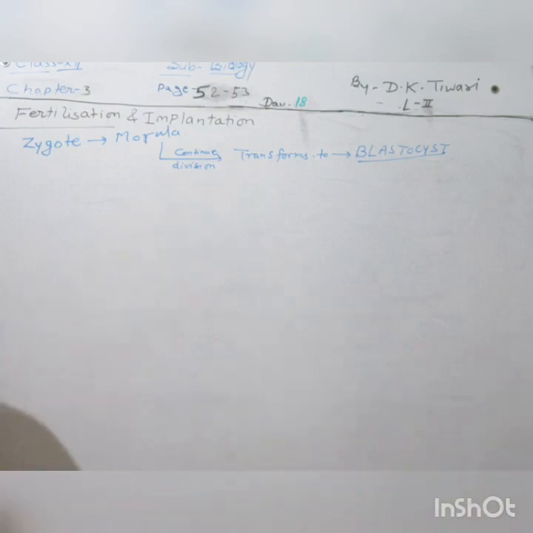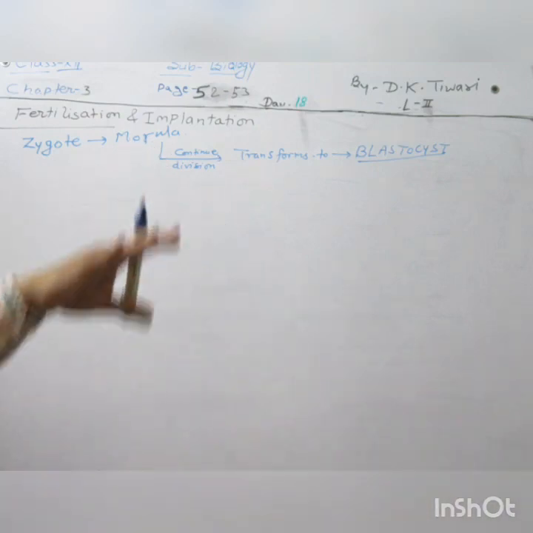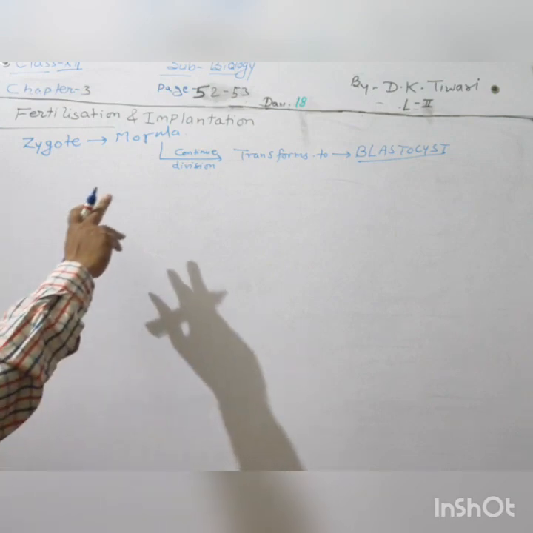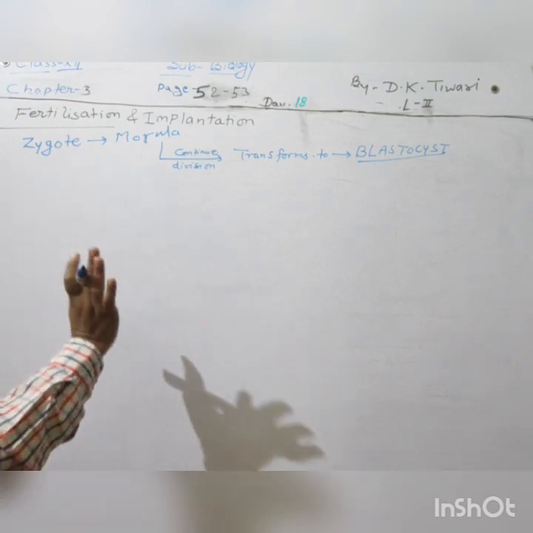The name suggests itself: a cyst, a boundary or protective layer, has been made around the morula, and that is why it is now known as the blastocyst, and cleavage has continued in the morula also.